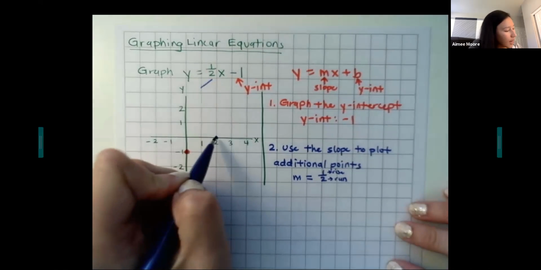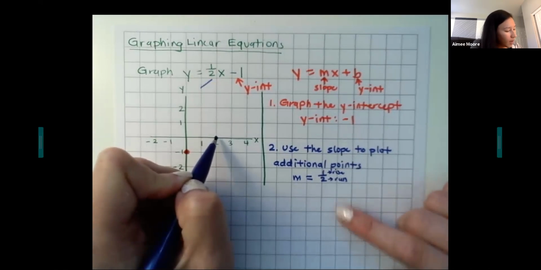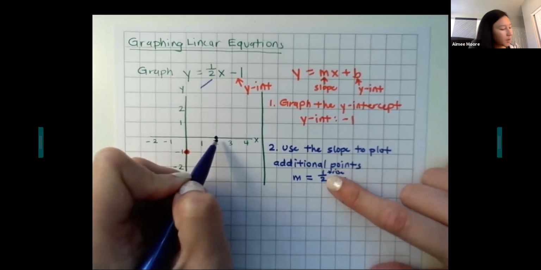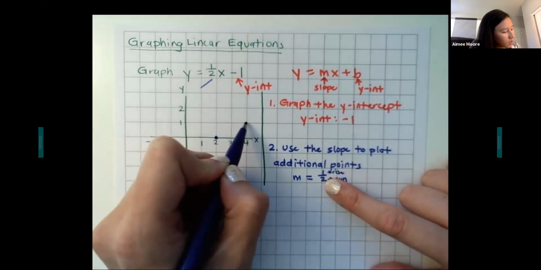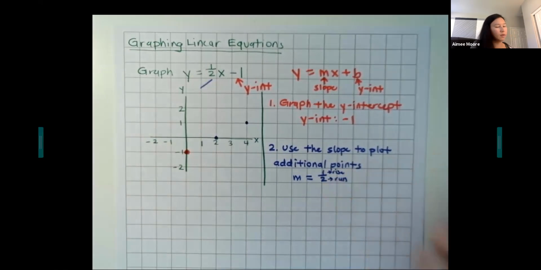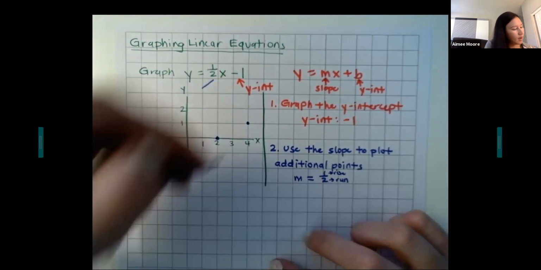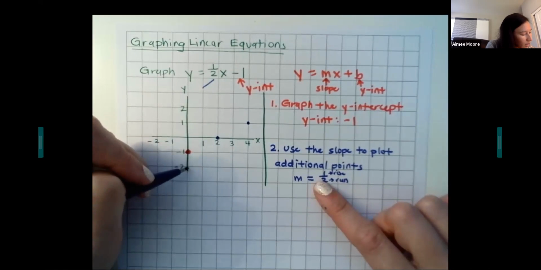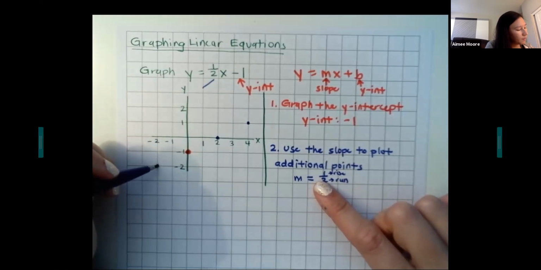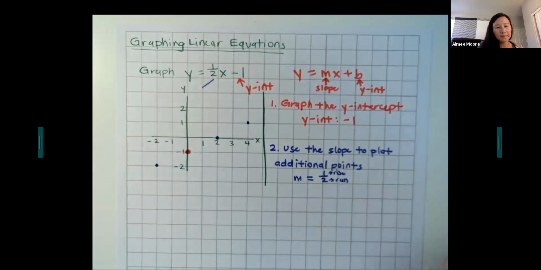And then you stay at that point and you can plot another point. Same, our slope is still 1/2, so we're going to rise 1 and we're going to run 2. And then we could also go here and go down 1 and go left 2 to add another point.